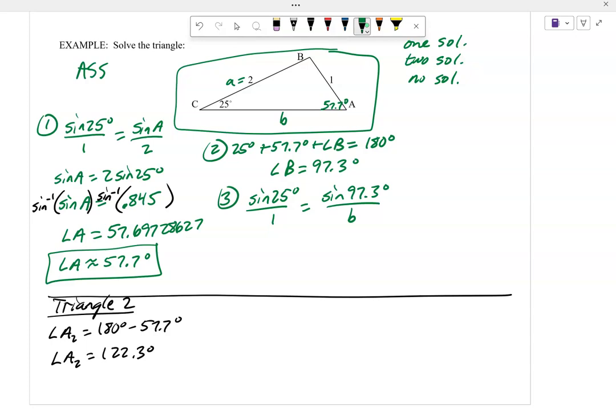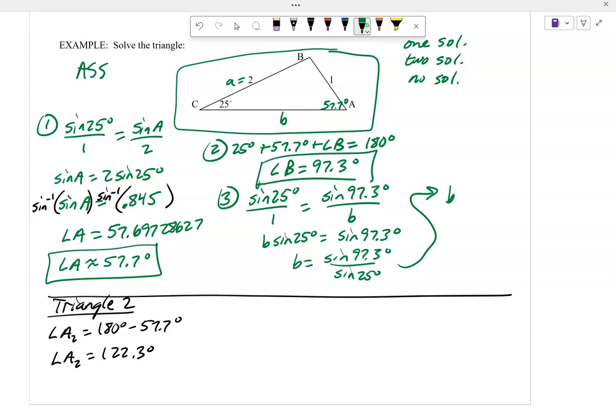Cross multiply. B times the sine of 25 equals 1 times the sine of 97.3. Divide both sides by the sine of 25. And so B ends up being about 2.35. Okay, so that's for triangle 1.